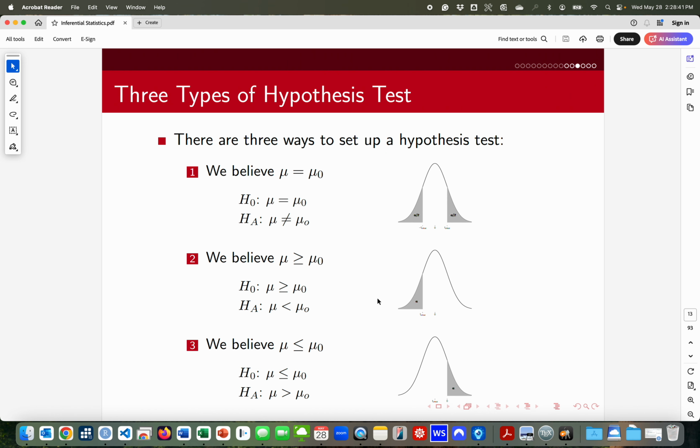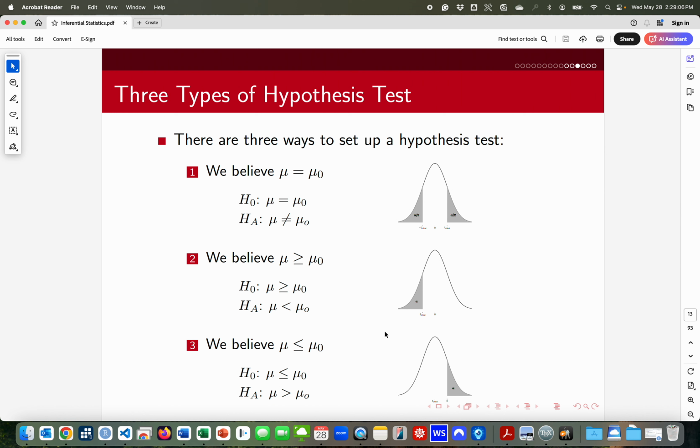And the other case is you claim less than or equal to some number. I can only reject the less than or equal to if I observe something sufficiently greater than what you're claiming. So if you say the true mean for Microsoft is less than or equal to 3.5%, and I observe a 0, well, 0 is less than or equal to 3.5%, I can't reject your claim.